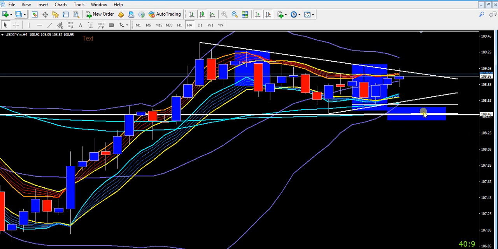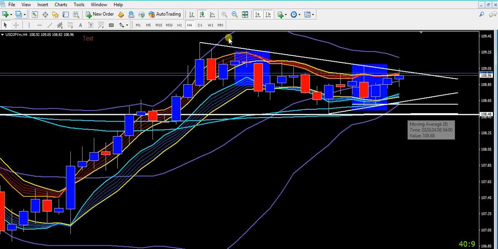This is my stop loss area. This is how to use it clearly in the higher time frame.